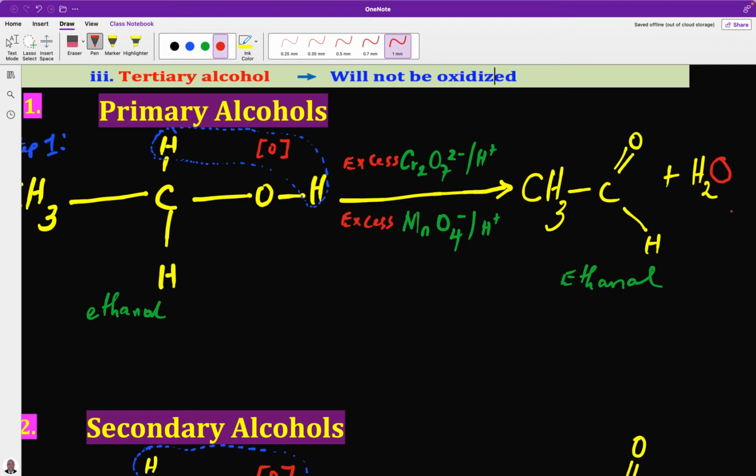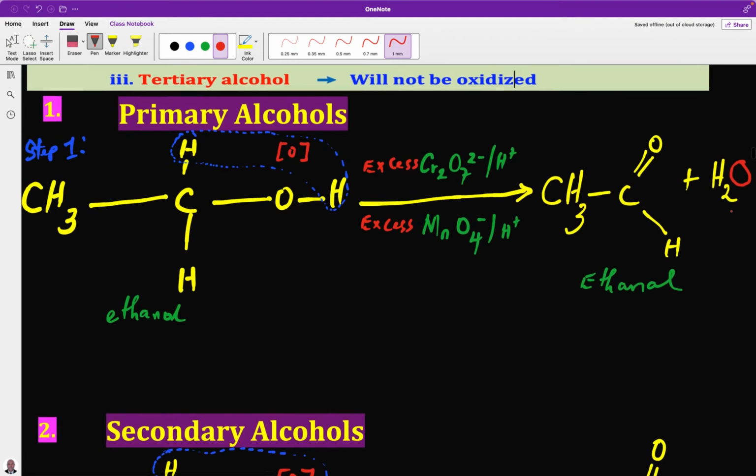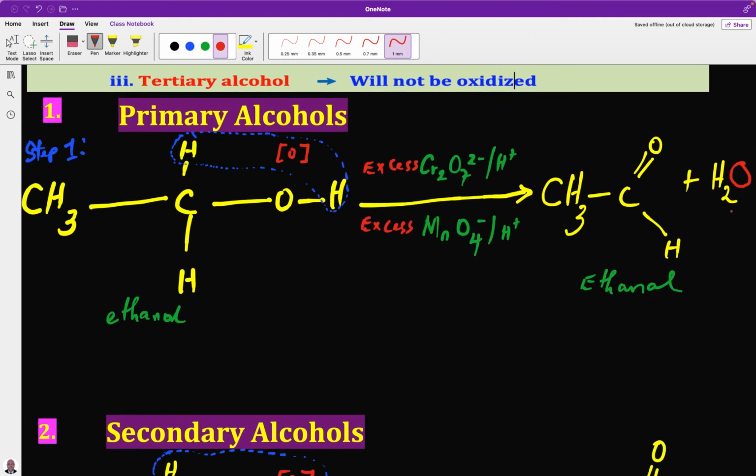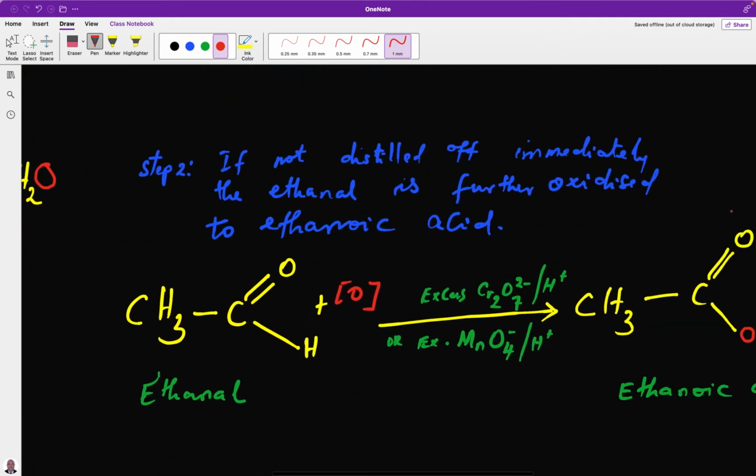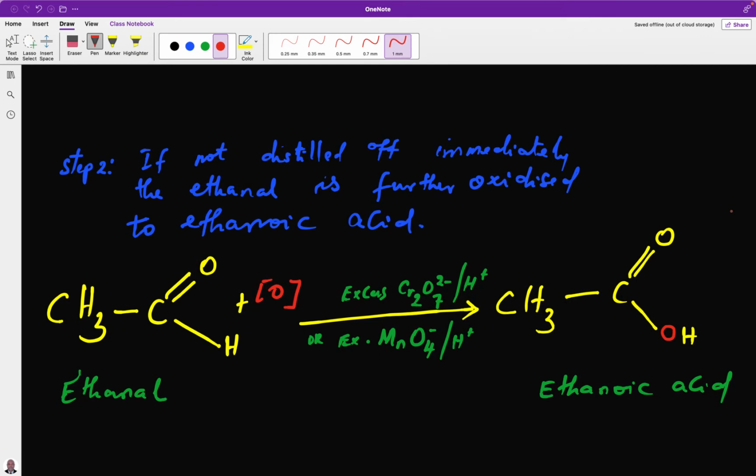As soon as the aldehyde is formed, it should be removed immediately. If allowed to stay in the reaction container for a longer time, there is further oxidation. If not distilled off immediately, ethanol is further oxidized to ethanoic acid.